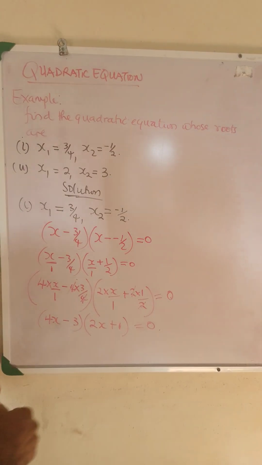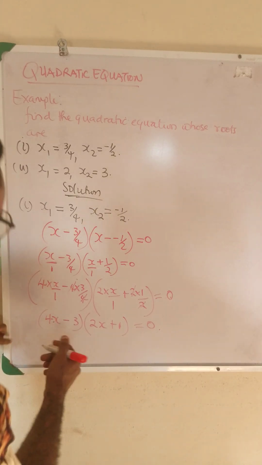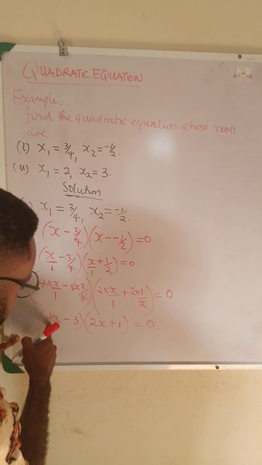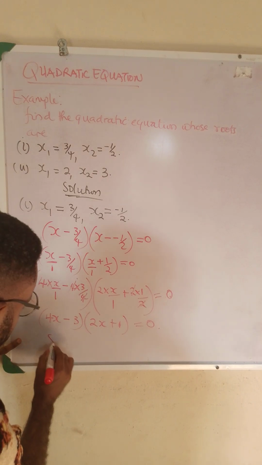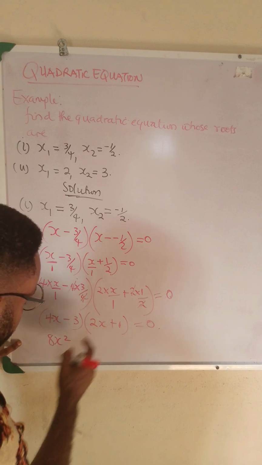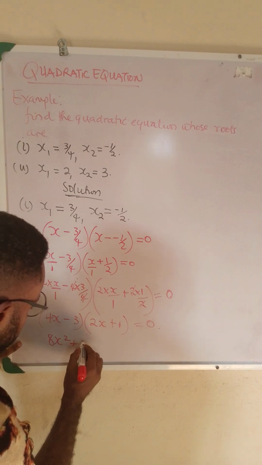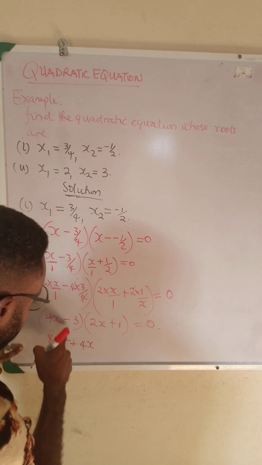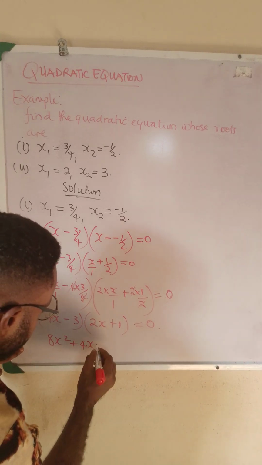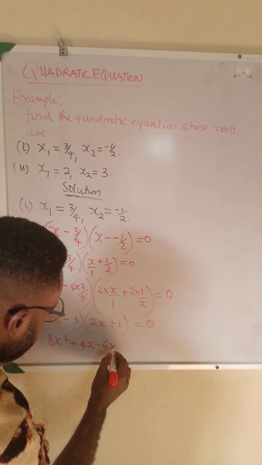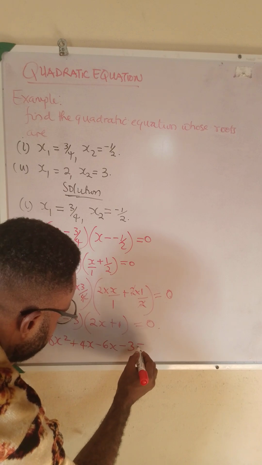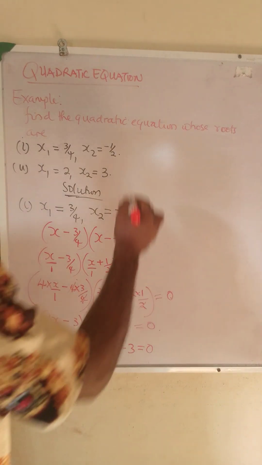The easiest way to do that is 4x times 2x will give us 8x squared. 4x again times plus 1 will give us plus 4x, minus 3 times 2x will give us minus 6x, and minus 3 times 1 will give us minus 3. So this will be equal to 0.